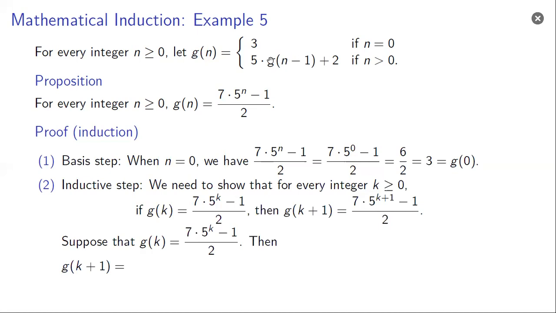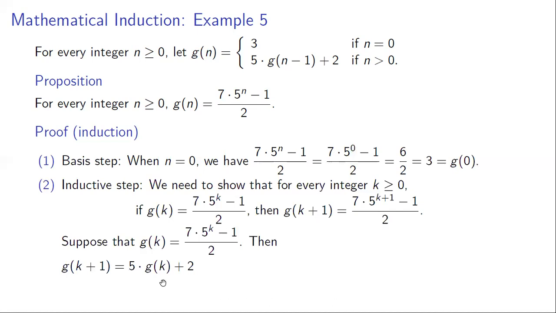It becomes g of k plus 1 minus 1, in other words, g of k. So in sum, g of k plus 1 should be 5 times g of k plus 2. Again, that comes from the definition of g, which was given to us. We don't need to prove anything about that. That's just a fact given to us.